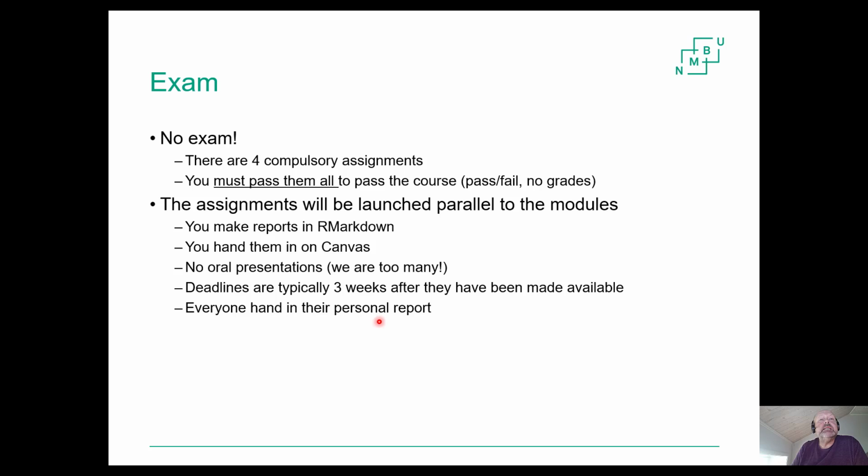Everyone has to hand in their personal report. You can work together in groups, but you have to hand in your own personal report. Everyone will get their own data sets. No 2 people will have identical data sets to work on, so your results will differ.